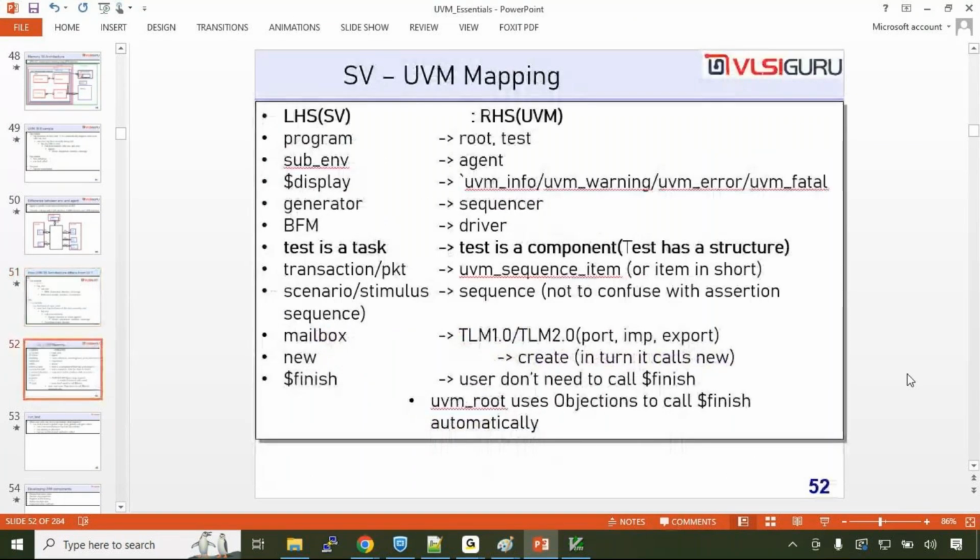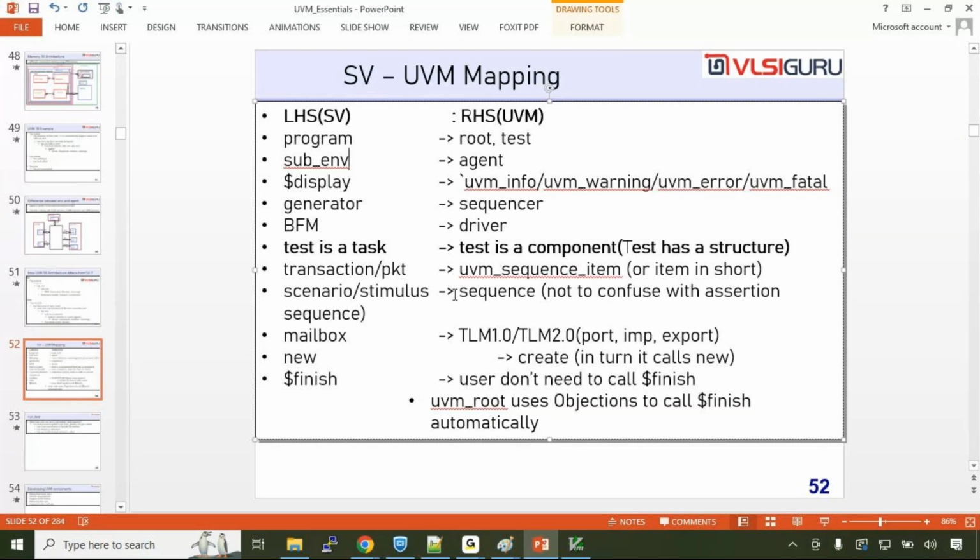Now, let us understand the SV to UVM mapping. In SV, the left hand side is SV, the right hand side is UVM. Whatever we used to do with program in SV, the same thing you do with root and test in UVM. Sub environment becomes what?